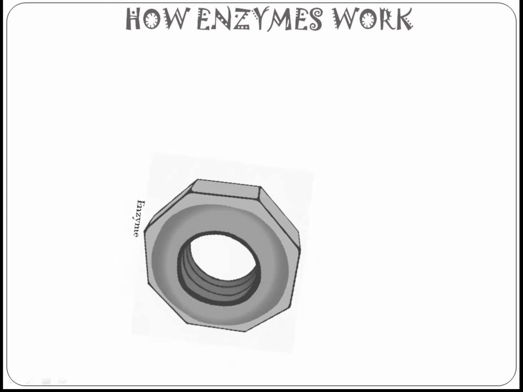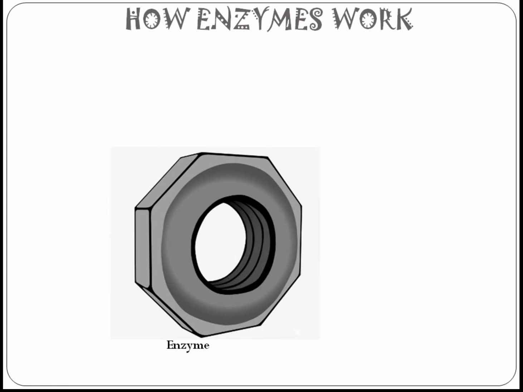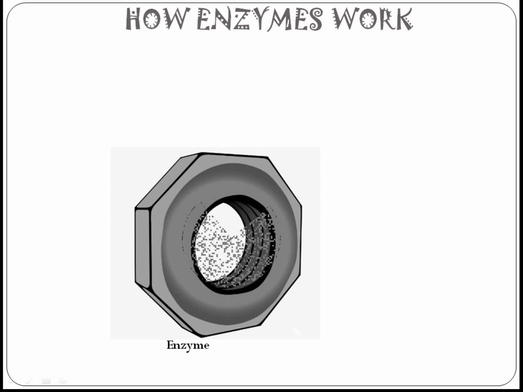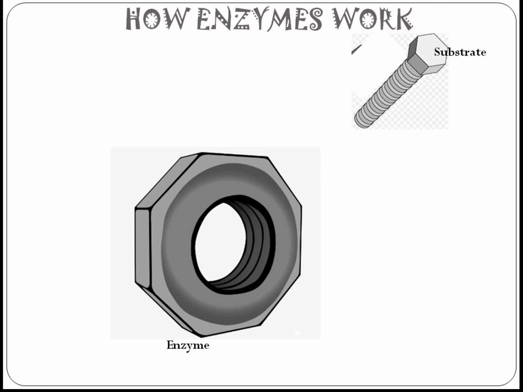So suppose this is an enzyme which has a bowl-shaped morphology, and here is the active site. This is the substrate for this bowl-shaped enzyme.